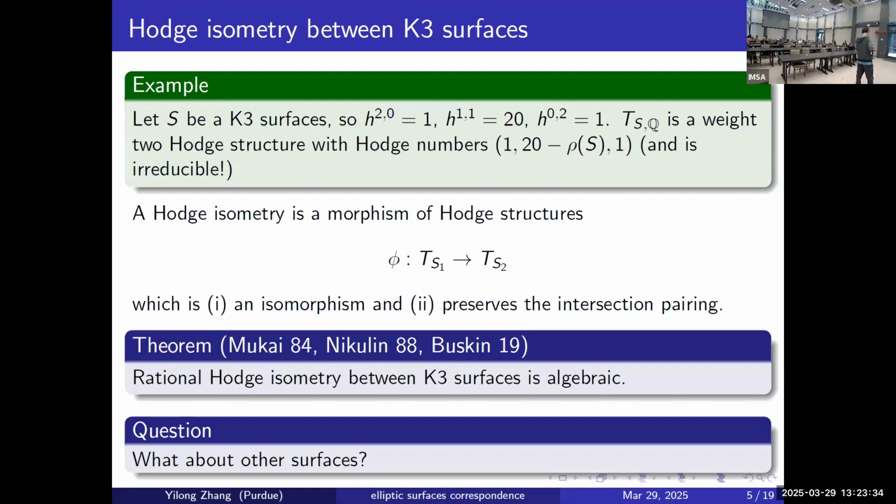And what has been studied historically is that a rational Hodge isometry between K3 surfaces is algebraic, meaning that you always have this roof diagram for K3 surfaces, as long as you require this morphism of transcendental lattices to preserve the intersection pairing.